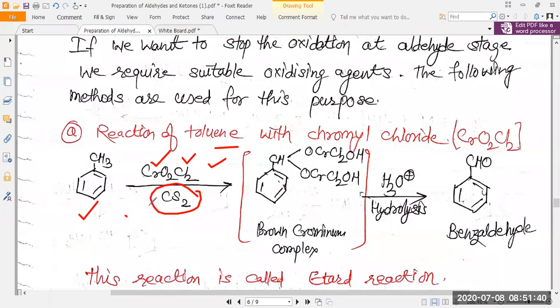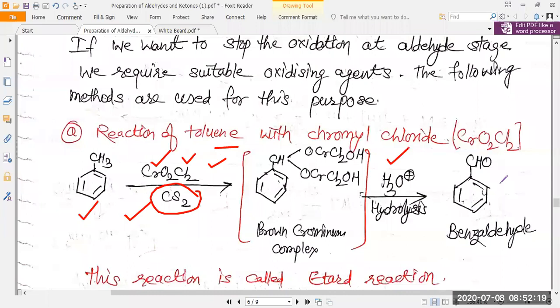It is a solvent to dissolve the toluene. Chromyl chloride is an oxidizing agent. Then a brown precipitate is formed, which is a brown chromium complex, and upon hydrolysis we get benzaldehyde.